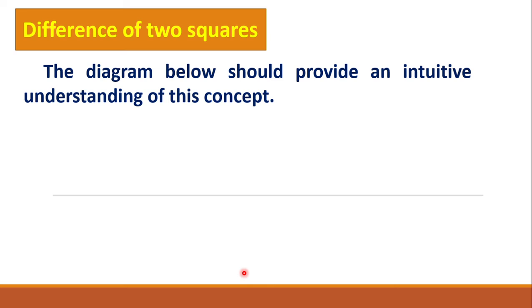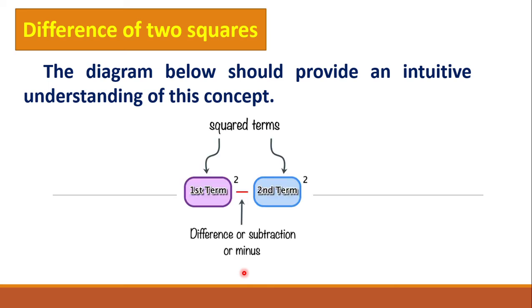Okay, so the diagram below should provide an intuitive understanding of this concept. So yan, di ba remember? So yung first term is squared natin minus yung second term squared natin. Yung difference, ito yung final answer natin.